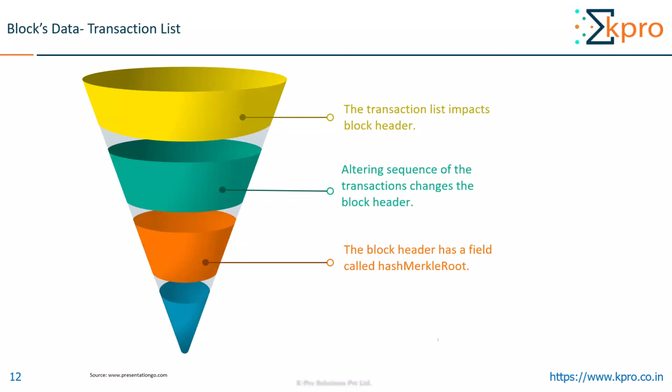The block header has a field called the hash of the Merkle root, which changes if any change is done to anything maintained in the block. This hash of the Merkle root is nothing but the hash of all the transactions that are maintained in the block. So this is basically what the transaction list, or the block's data, is.